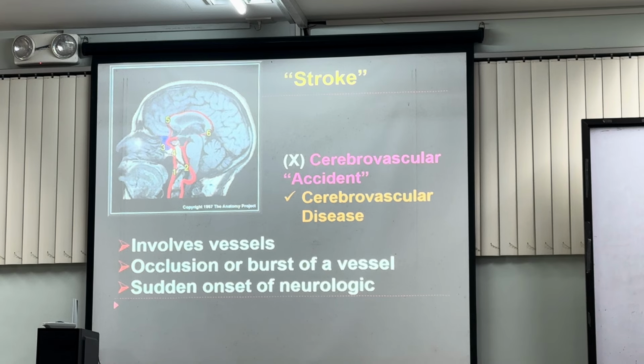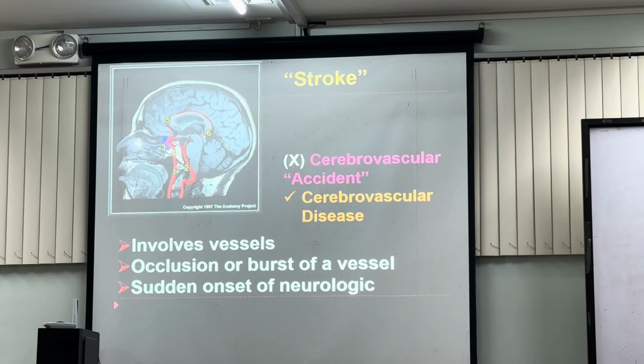Stroke is no longer called an accident or cerebrovascular accident, not anymore. We don't want to use the term accident because when you say accident, it's something that we cannot prevent, something that just happens without risk factors. The term is cerebrovascular disease, something that has risk factors and can be prevented.